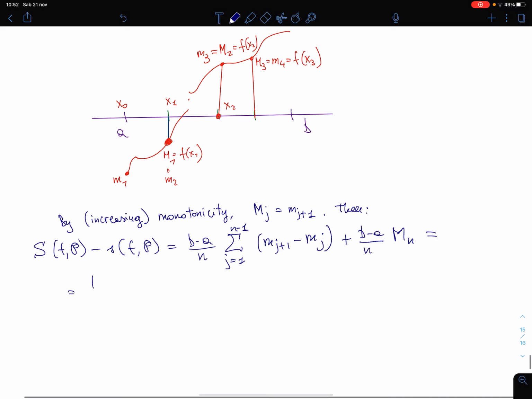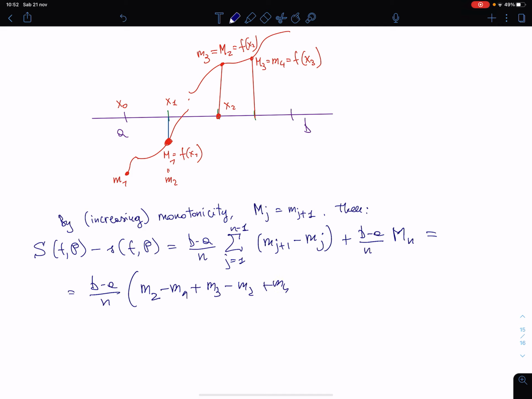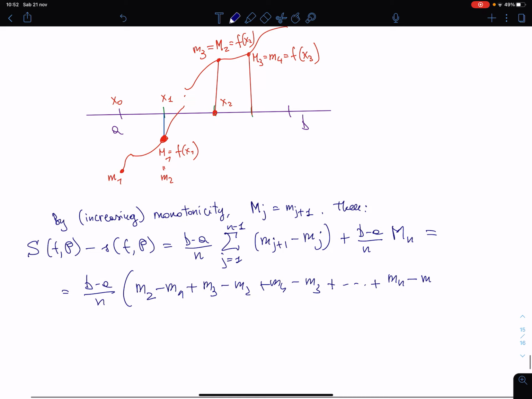So now collect b minus a over n, and here what you have is m2 minus m1 plus m3 minus m2 plus m4 minus m3 plus many dots, and then at the end you have plus mn minus mn minus 1, and here, sorry, it was not just that, it was capital Mn minus small mn, and here you have plus capital Mn minus small mn.